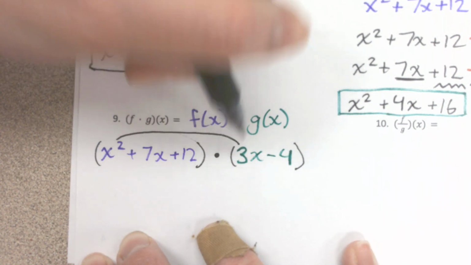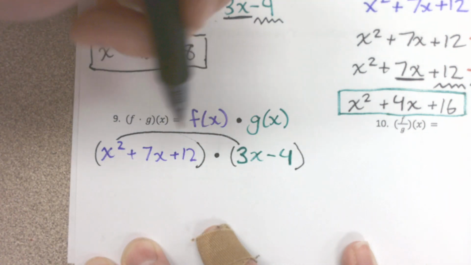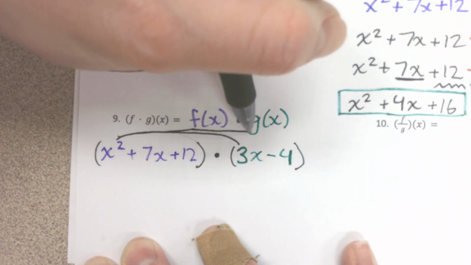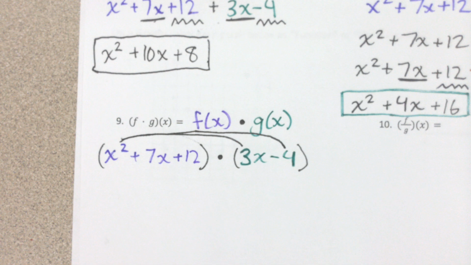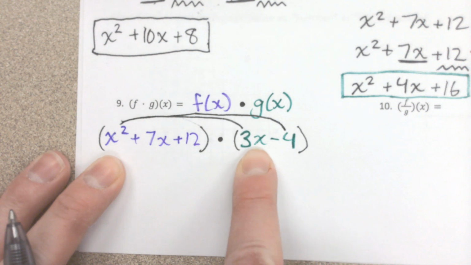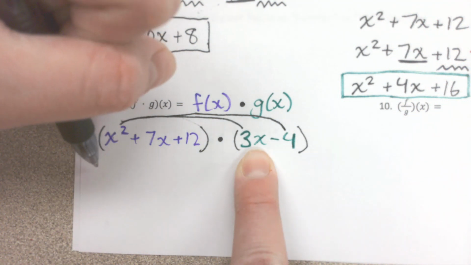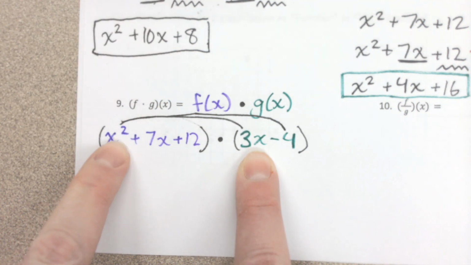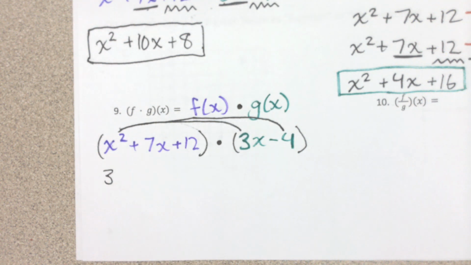x squared gets multiplied into the second set of parentheses. So we're going to multiply it by that. x squared times 3x. So let's bring the 3 down. x squared times x. Be careful with that.